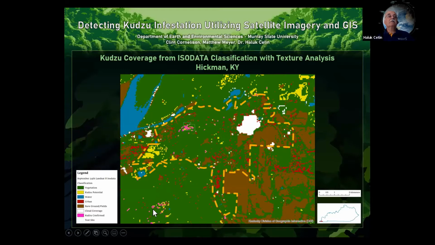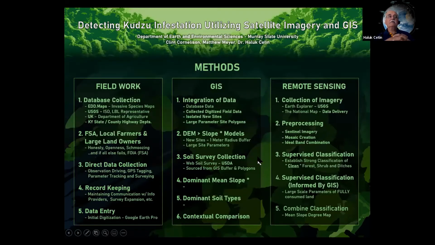There were several, but at the same time there were some false alarms, so the next step was to select other areas. This is the framework of our work, including field work, remote sensed data, remote sensing techniques, and geographic information systems, including digital elevation models and soil surveys.